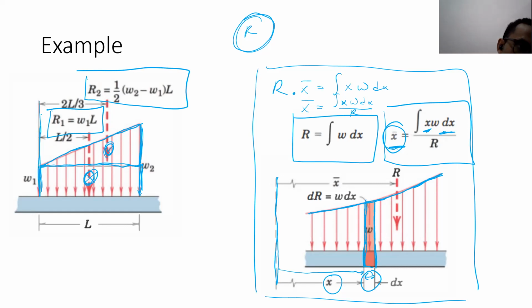If the left end is the origin, R1 is L/2 from the origin. R2, on the other hand, is 2L/3 from the origin because of the triangle. So you can divide it like that.